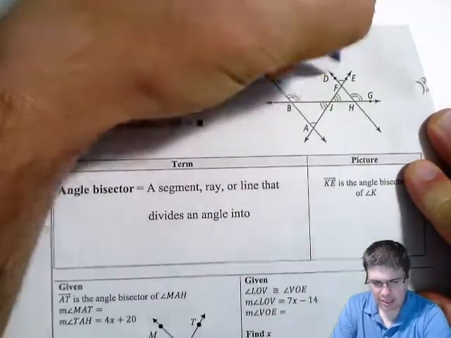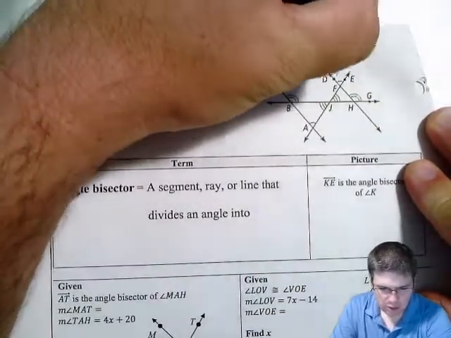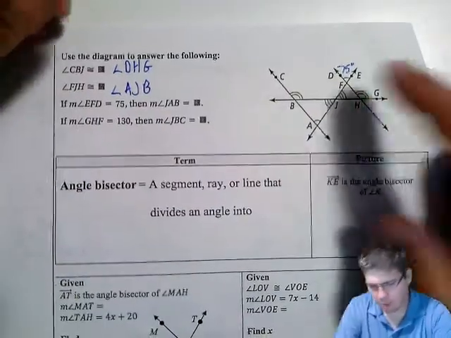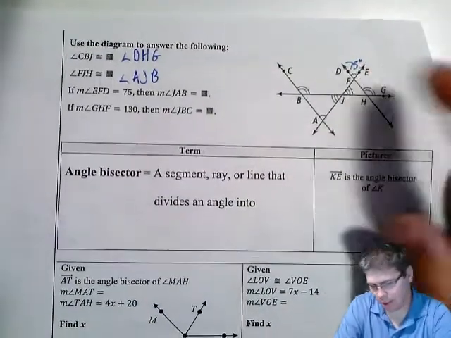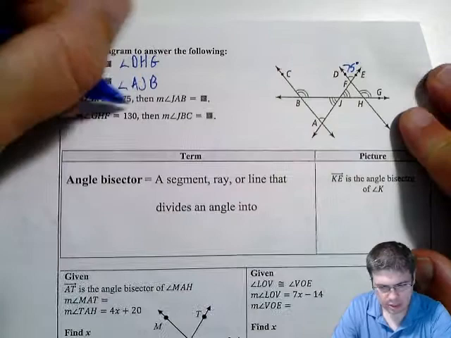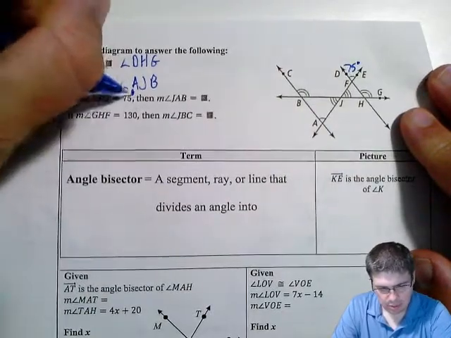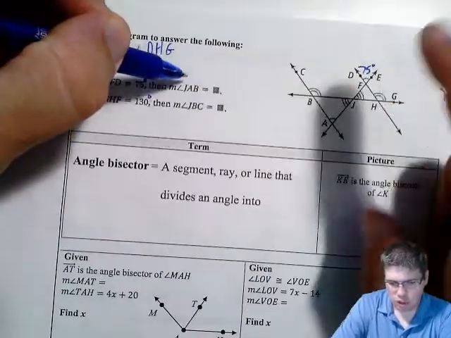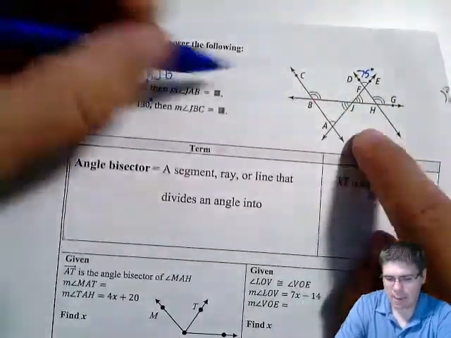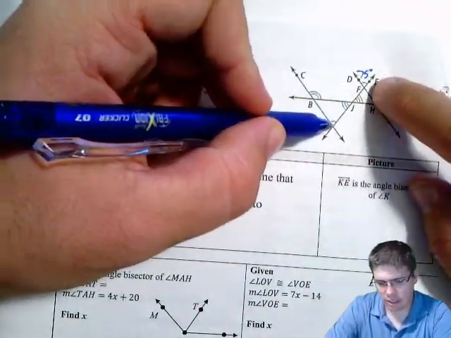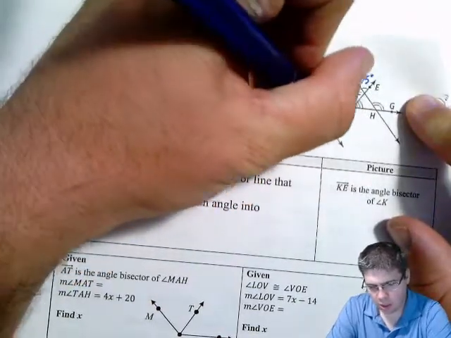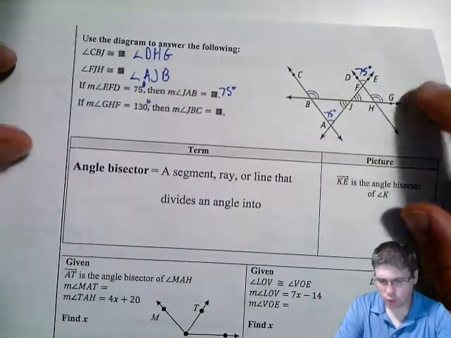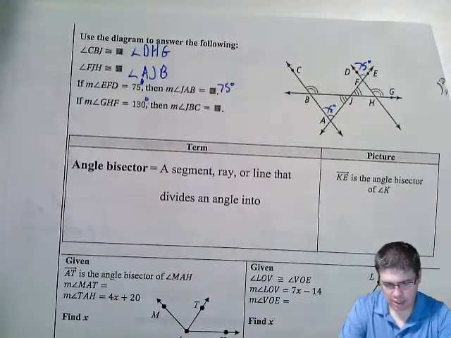All right, so if we know that angle EFD, so that's this one up here, is 75, and assume they mean 75 degrees, and not everything's always drawn to scale, but that looks about like it might be 75 degrees. So we'll assume that's what was meant there. If that's 75 degrees, then what can we say about JAB? Well, JAB happens to be the angle that's congruent. It's got that 1 arc there, so JAB will also be 75 degrees, since those are congruent angles, their measures are the same.